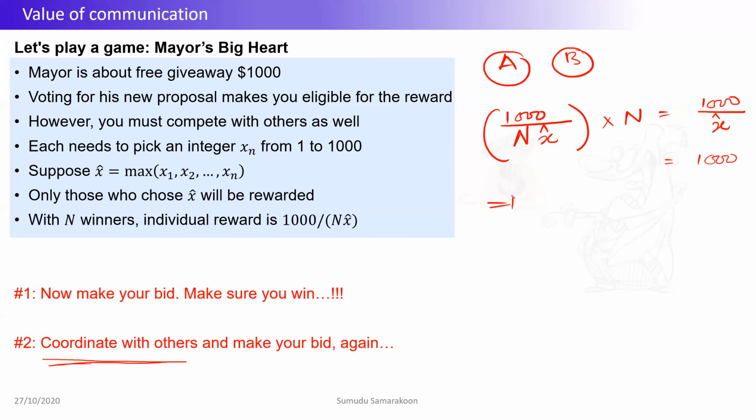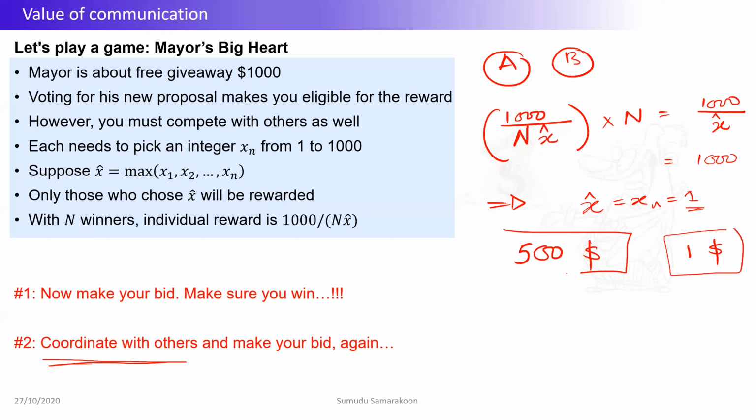That means everybody should agree to place a bid of $1. If everybody does it, let's say in the two users example, if both A and B place a bid of 1, each of them will receive $500 compared to the $1 case when there was no agreement, right?